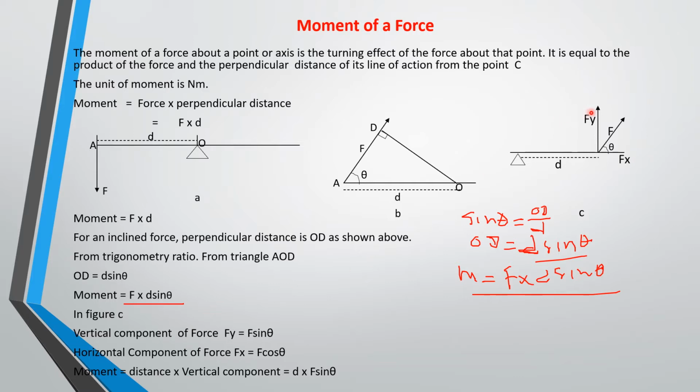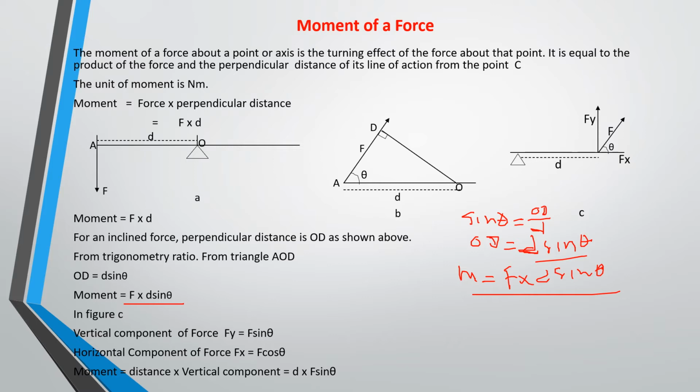Then if the force here is inclined at an angle like this, and this is your point of rotation, what you do is that you resolve this force into vertical and horizontal components. Now the force that will cause this body to rotate will be the vertical component of the force. So the vertical component Fy is equal to F sine theta, and the horizontal component Fx is equal to F cos theta.